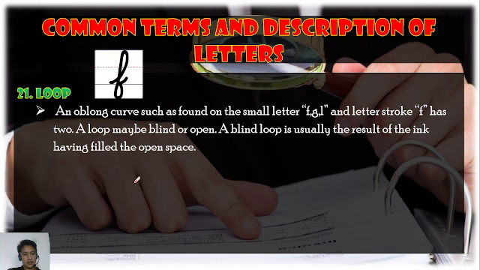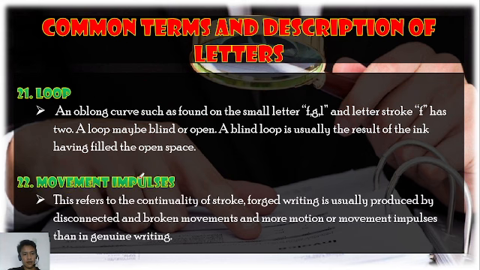Okay? And next is for movement impulses. So, this refers to the continuity of stroke. Okay? Forged writing is usually produced by disconnected in broken movements or more motion or movement impulses than in genuine handwriting. So, just when we say movement impulses, we are just referring to the continuity of stroke.